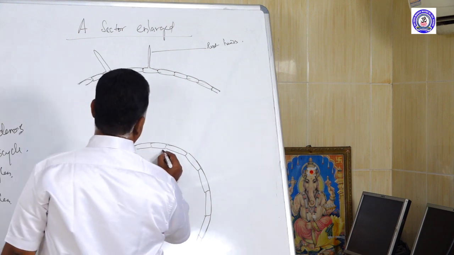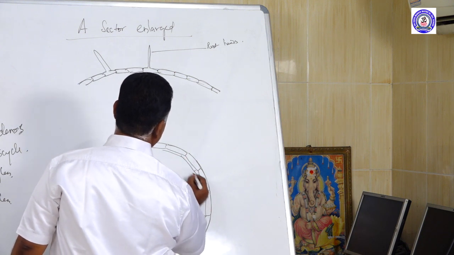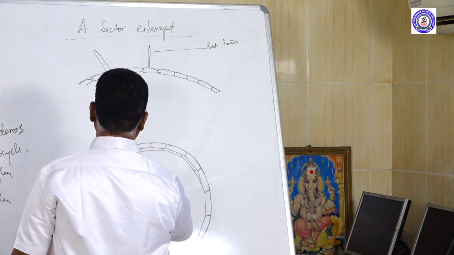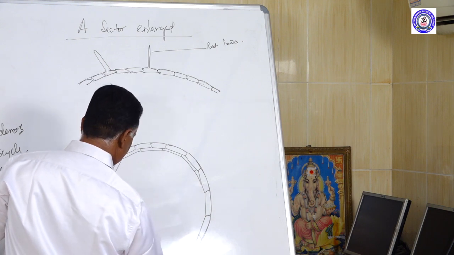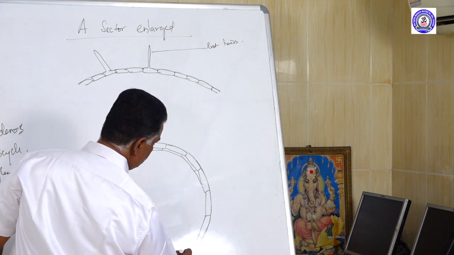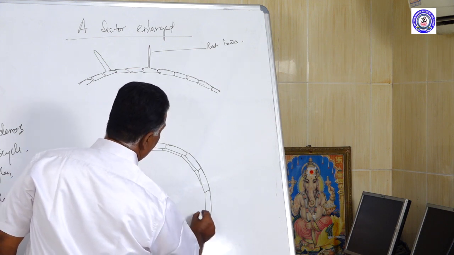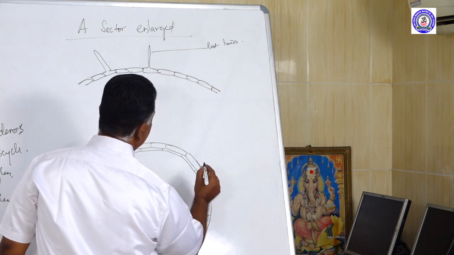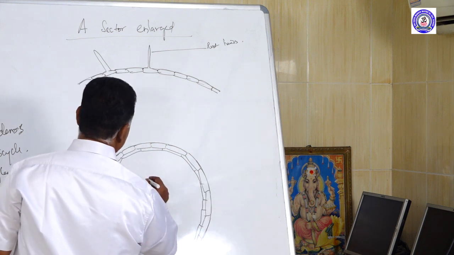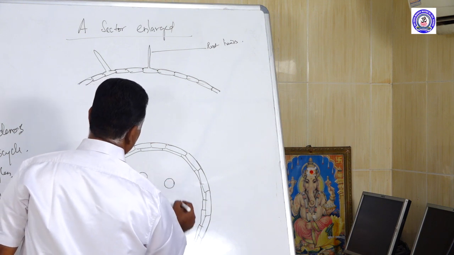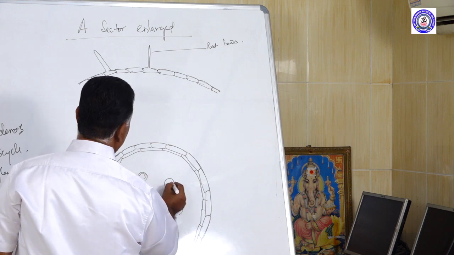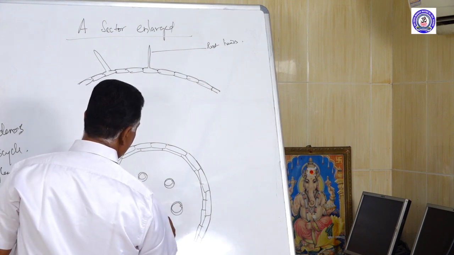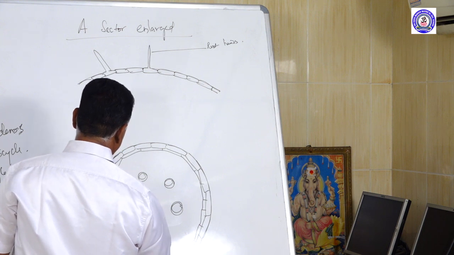See here pericycle, as I said earlier, pericycle is the first layer of stele. And here 1, 2, 3, 4, 5. These are metaxylem vessels, and towards outside protoxylem.